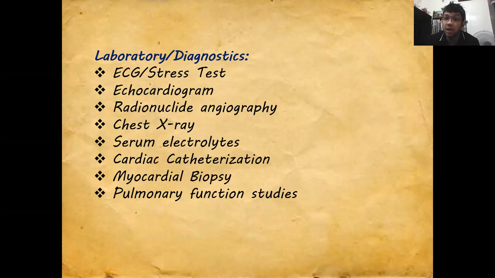Serum electrolytes are also monitored in the patient. Cardiac catheterization will also be done in order to perform myocardial biopsy to assess for any abnormalities in the myocardium of the patient, and pulmonary function studies, especially for those who are suffering from chronic lung diseases.